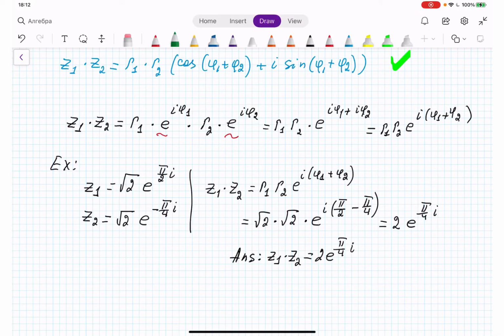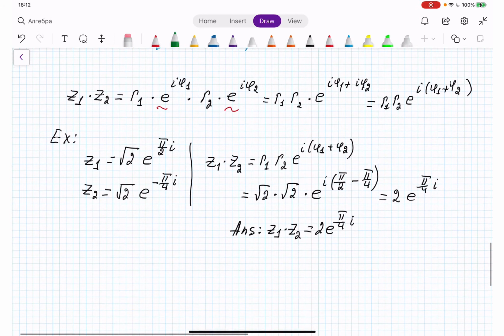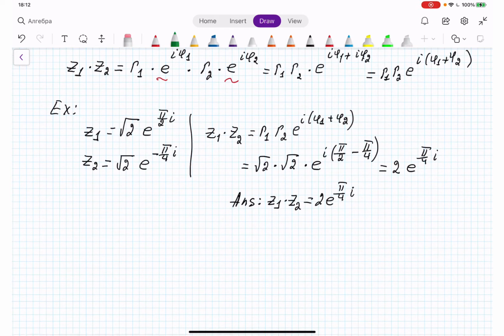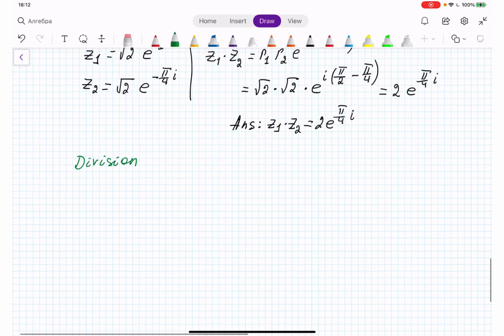Next, we are going to do division. The quotient of complex numbers in algebraic form. So let me write down division. We have z1 equal x1 plus i y1, and z2 is equal x2 plus i y2.